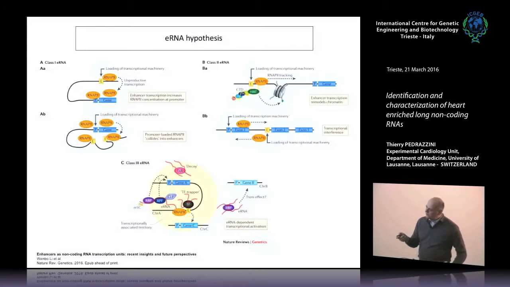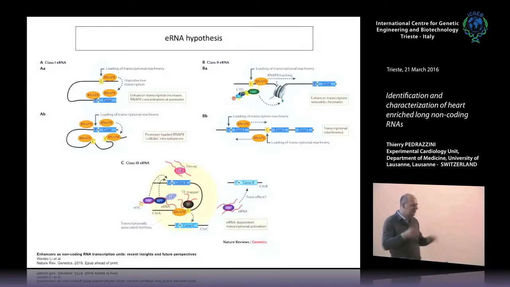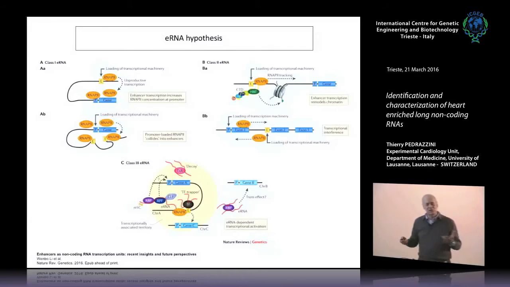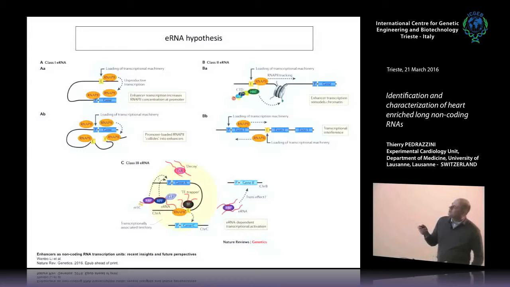So this is taken from a very recent review, and I like this classification because not every enhancer can produce a functional transcript. This is still hypothetical for most of them. So this group, the Rosenfeld group, considers 3 classes.